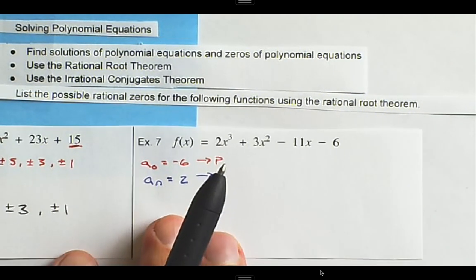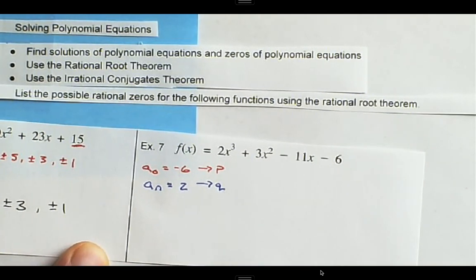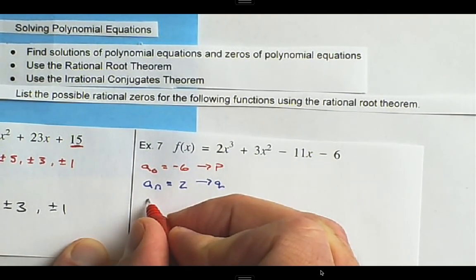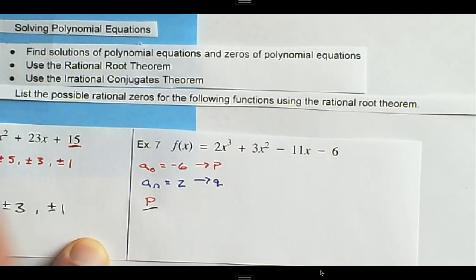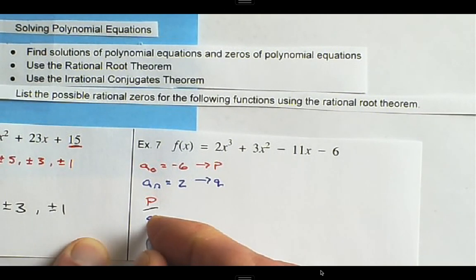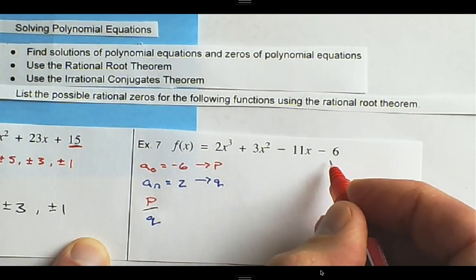We look at example 7. Again, we want to find our p divided by q. Our p-value, or our a sub o, is -6.